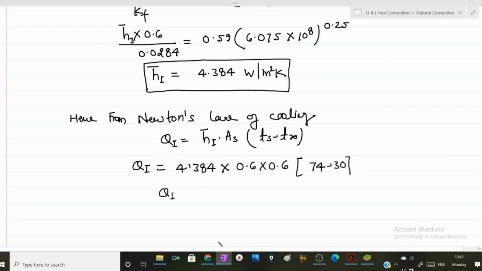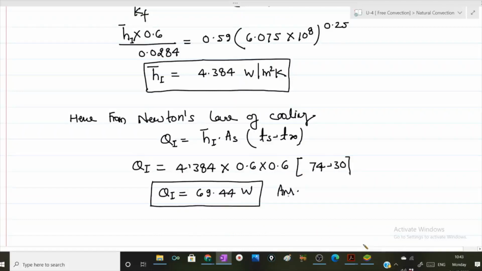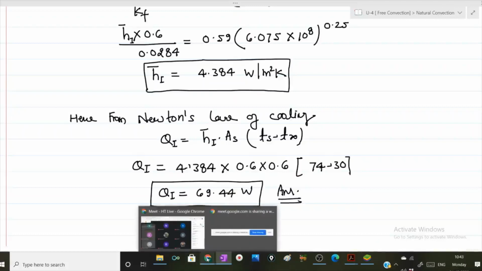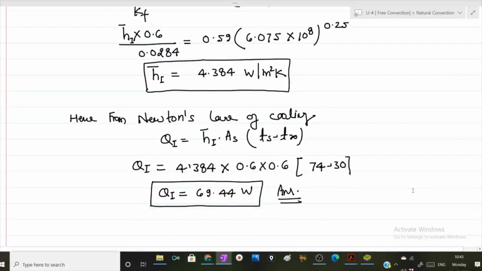So the heat transfer rate in case 1 comes out 69.44 watt. This will be answer number 1. I hope all of you are following me.